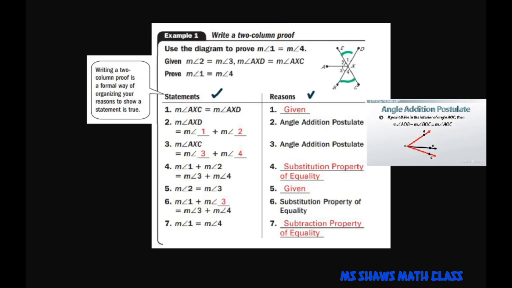So when you start your proof, you write down the given first, and you just write given. And then we're going to say the measure of angle AXD. So here's your X, X is the middle here. So AXD, from here to here, equals the measure of angle 1 plus the measure of angle 2.